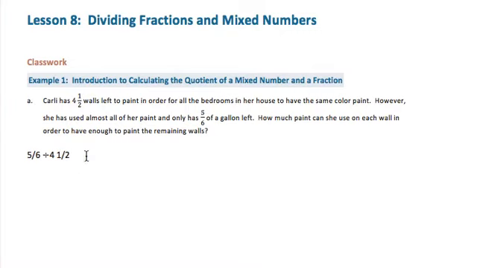So if we go with that, what we find is 5/6 divided by, and 4.5 as an improper fraction would be 9/2.